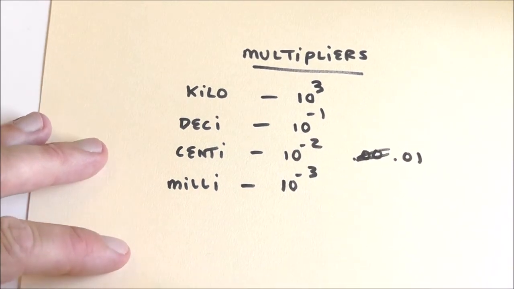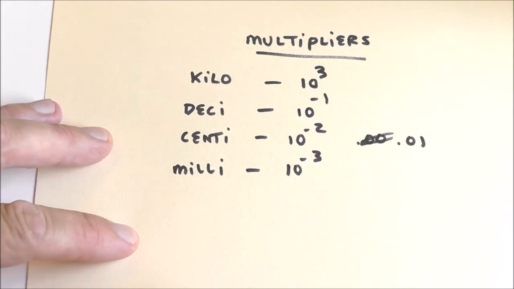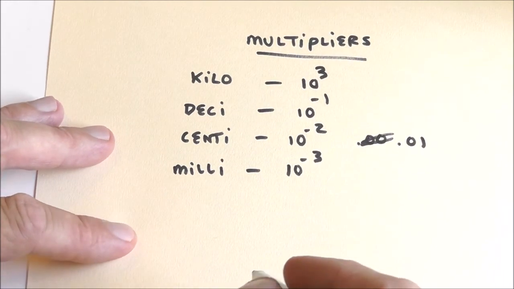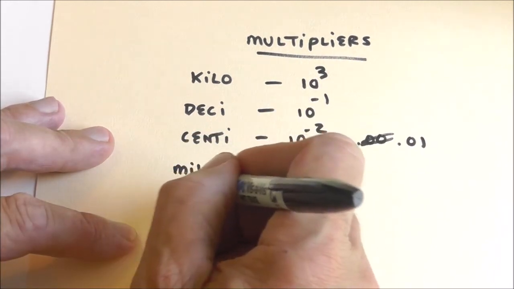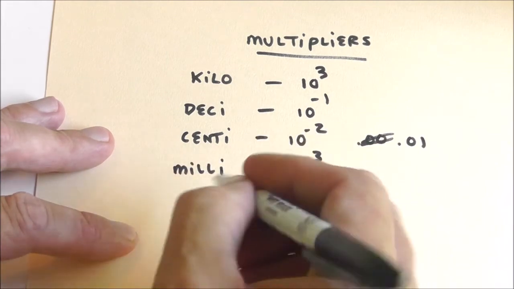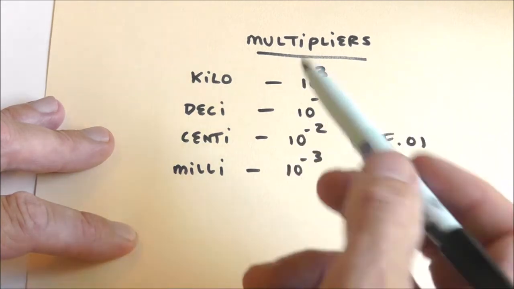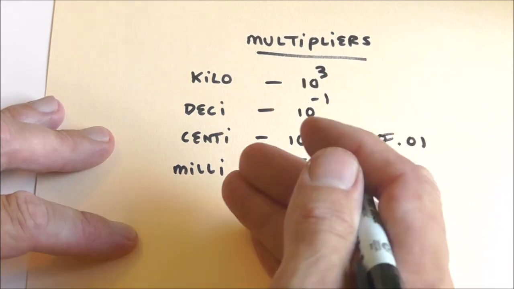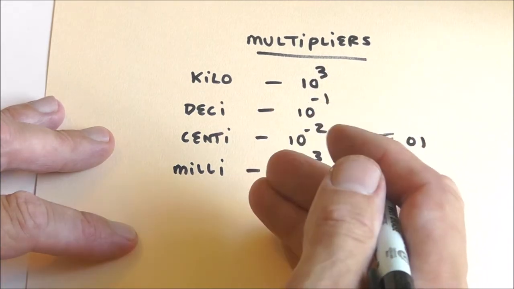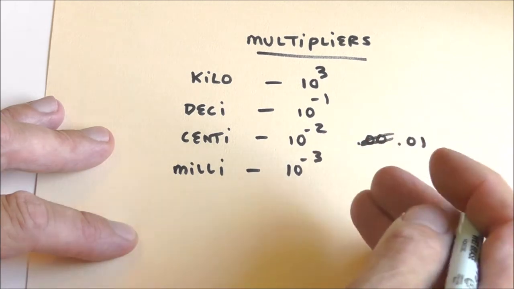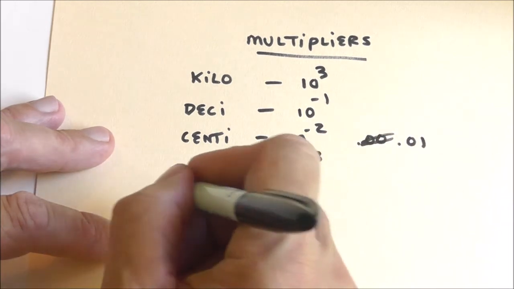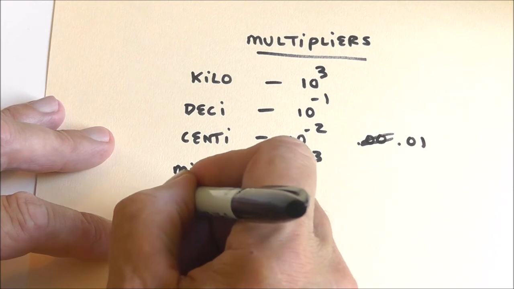Now here's where things get a little bit weird when we're talking about the size of atoms and stuff. Now we tend to go in 3s, powers of 3. So you know that above kilo, especially in computers, there's mega, and then there's giga. Well, now we're going into small, so micro.